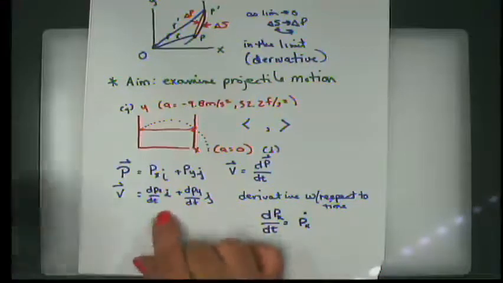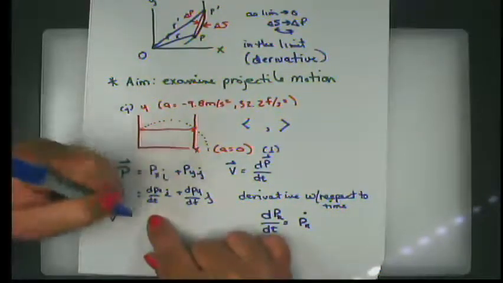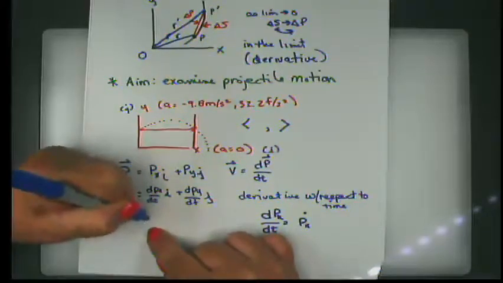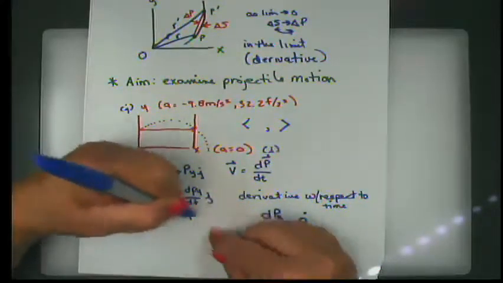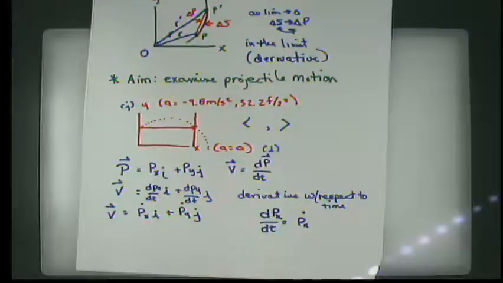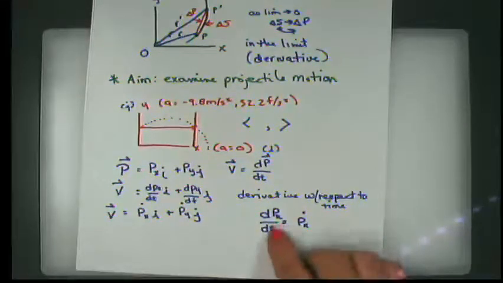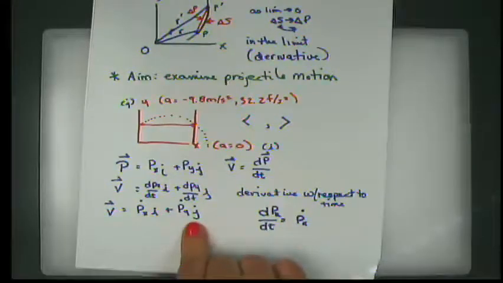Okay? So what that means is that instead of writing the velocity as dp_x/dt dotted with the i unit vector, I could just say p sub x dot i and p sub y dot j. So it simplifies it a little bit. Just for the record, this type of notation, the standard differential notation, is called Leibniz notation, and this is called Newtonian notation.